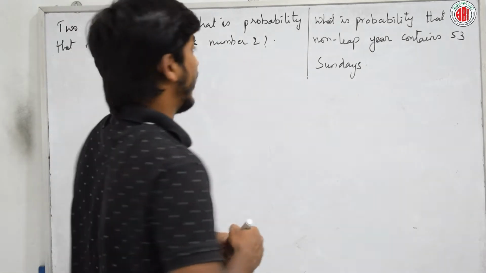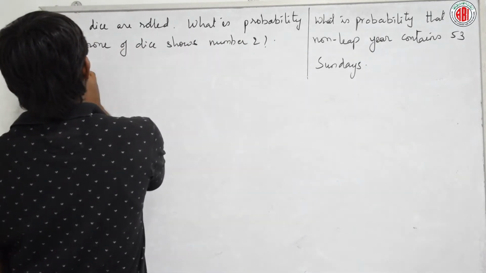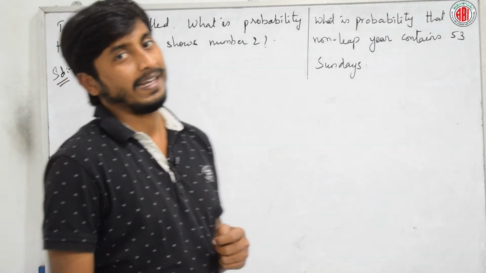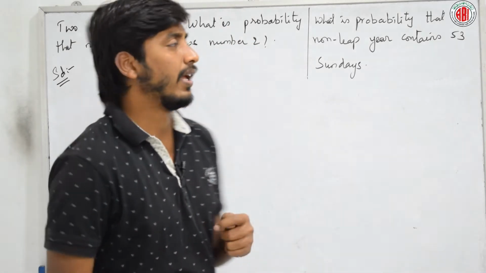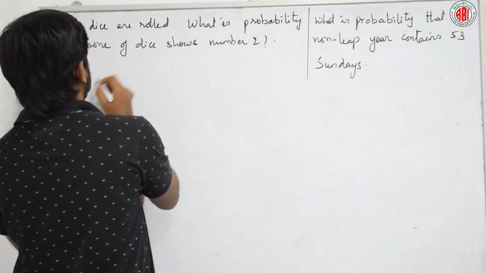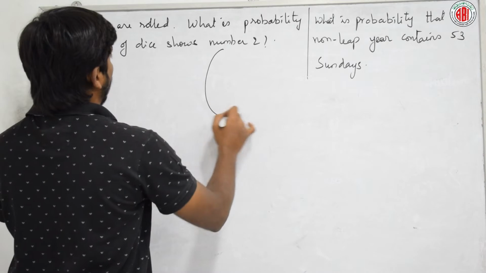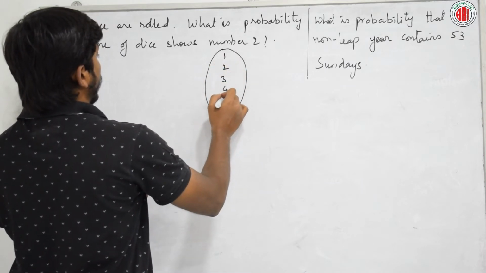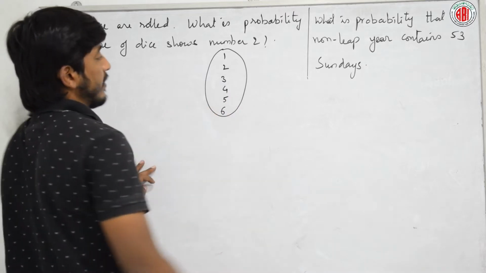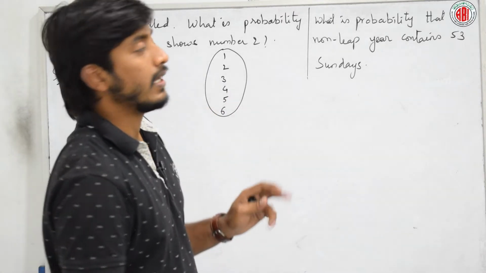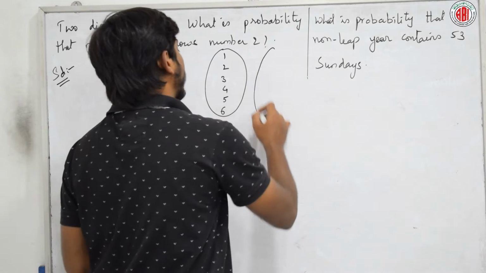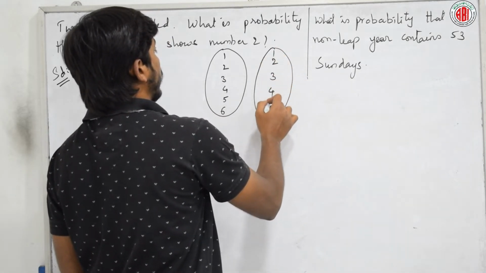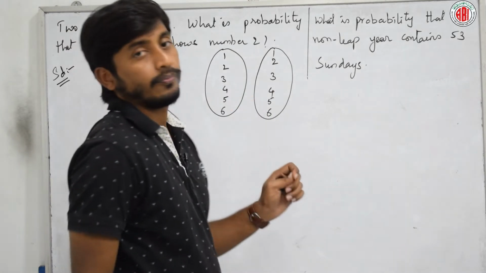Okay. First, let me know, if there are two dice, how many outcomes do you expect? Let us say the first die has outcomes 1, 2, 3, 4, 5, 6. Similarly, the second dice also will have the outcomes 1, 2, 3, 4, 5, 6.